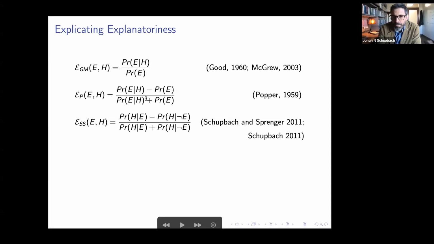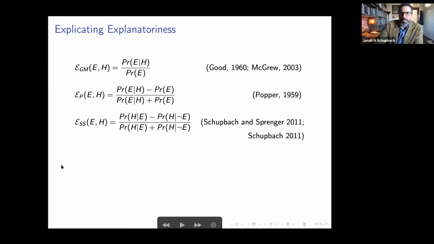In fact, Popper's measure here is ordinally equivalent to this measure. In work that I've done with Jan Springer and on my own, I propose and defend this measure. This one doesn't look necessarily like it would be a measure of the inequality between this term and this term, but it is. It's measuring exactly that. It's just not so formally transparent in the statement of the measure.